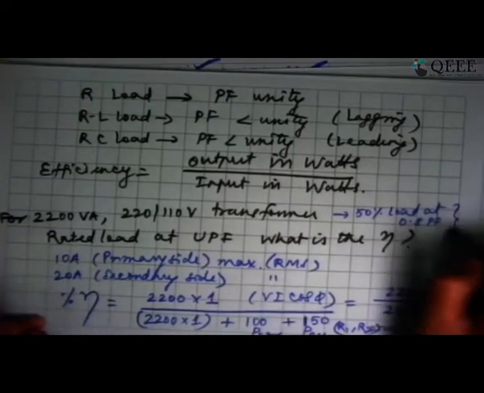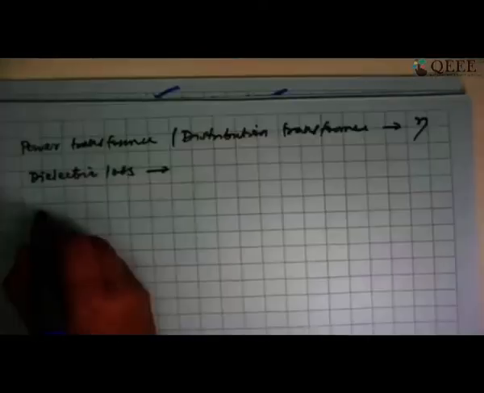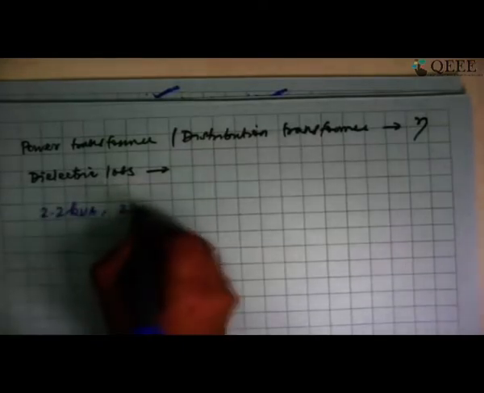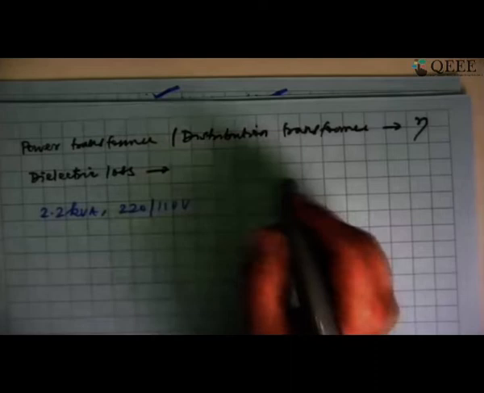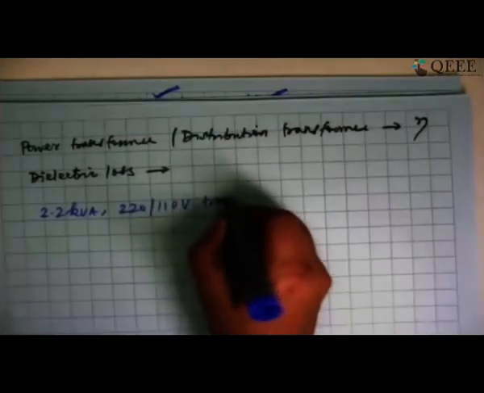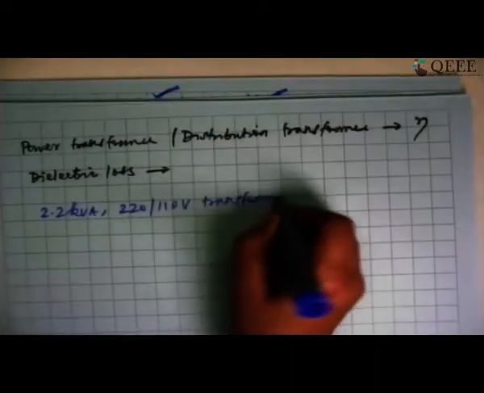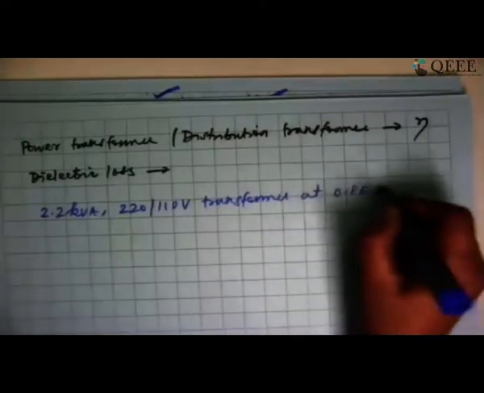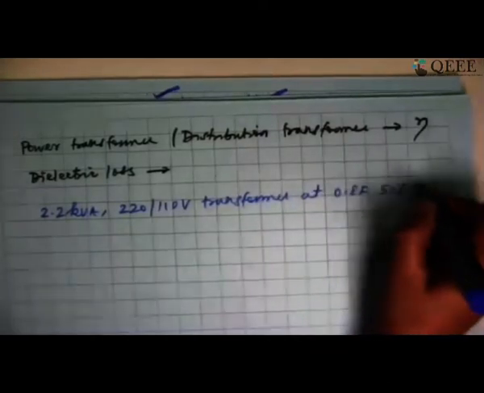Please try to calculate. So first thing is I had asked you to calculate the efficiency for this 2.2 kVA, 220 by 110 volts transformer at 0.8 power factor, 50% load.